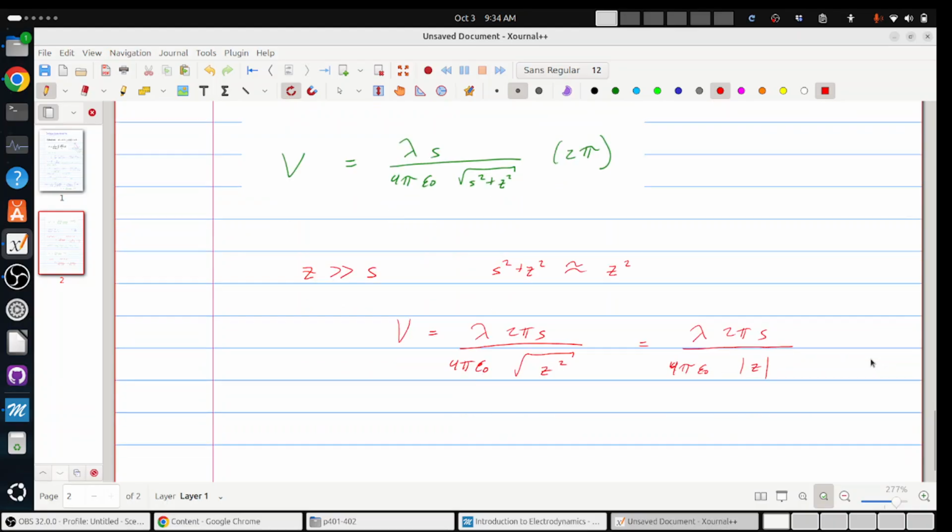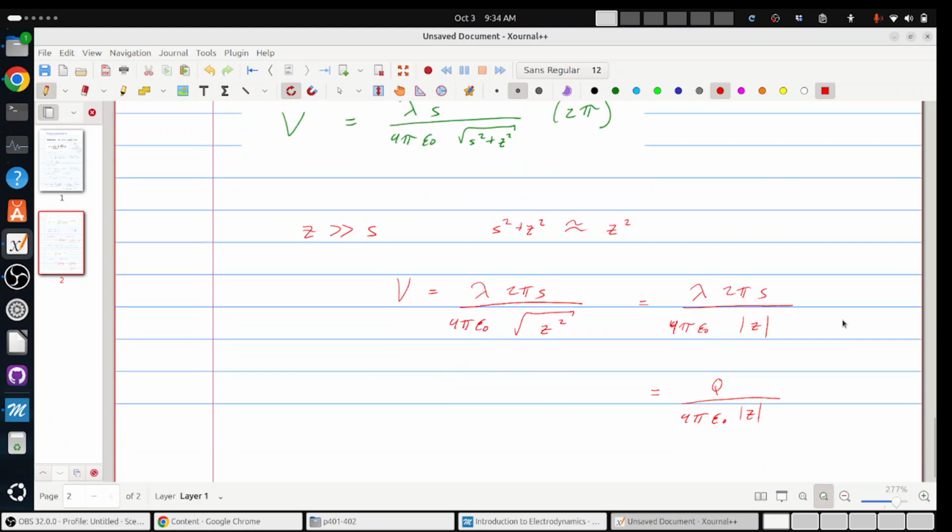Or we could once again say that this whole thing up on top is Q. Because as you move further out, that circle looks like a point.